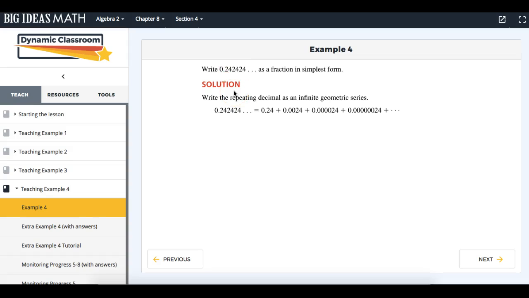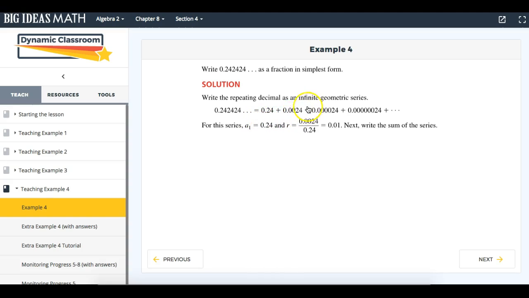Okay, so now we need to look at this and see how we can transform this into an infinite geometric series. If we look at this, our first term right here is 0.24. So we need to find our ratio.